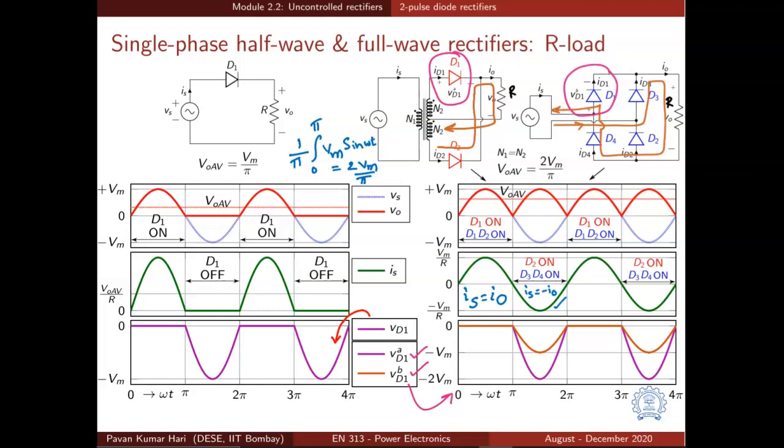Of course, when D1 is on, the voltage across D1 is 0, since we are assuming ideal diodes for analysis, and same is the case with D1 and D2 for bridge rectifier.